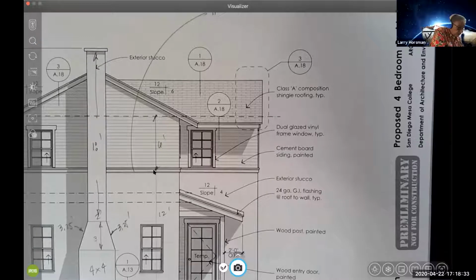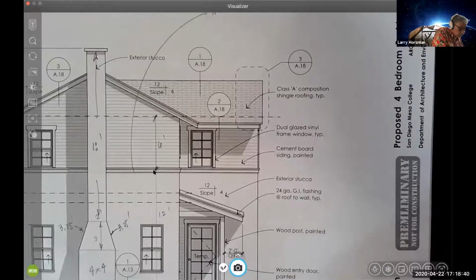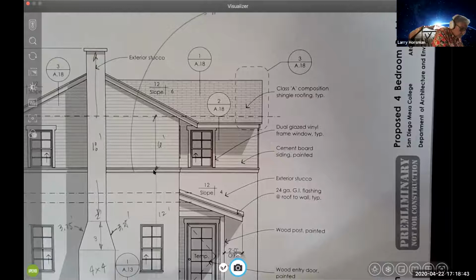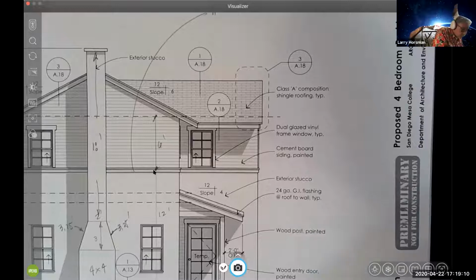I'll draw a little picture here and then we can see. Yeah, that may not be right.